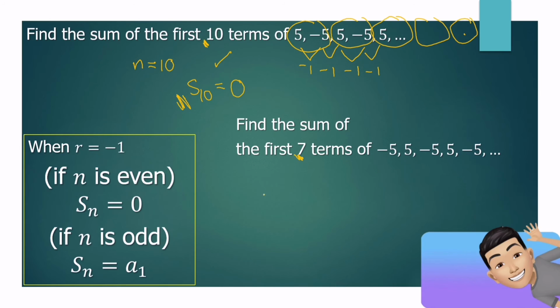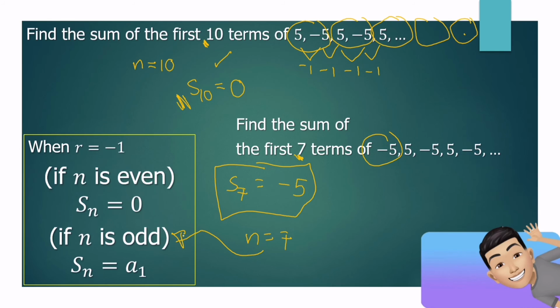Per 7 terms naman, so S sub 7. What is the first term? Correct? Negative 5. Then that is the value of S sub 7. Kasi, yung ating n, which is 7, ay odd. Kaya, ang S sub 7 natin ay equals sa first term.